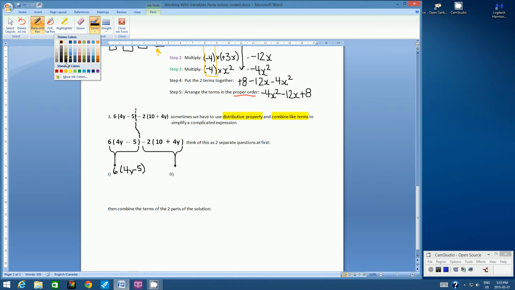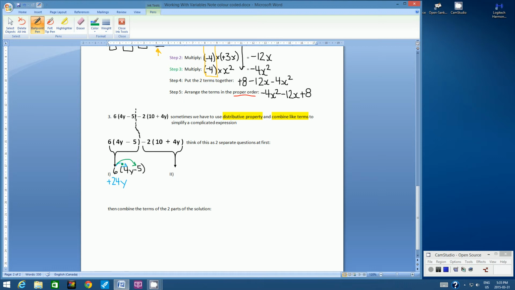Okay? All right, so step 1, we multiply what's outside to the first term here. So what's 6 times 4y? 6 times 4y is 24y. And it's positive, isn't it? Okay. All right, step 2. I multiply what's on the outside with the second term. So the second term is negative 5.